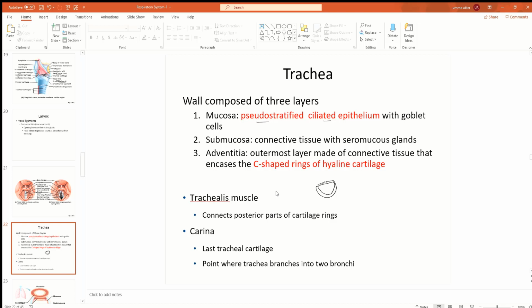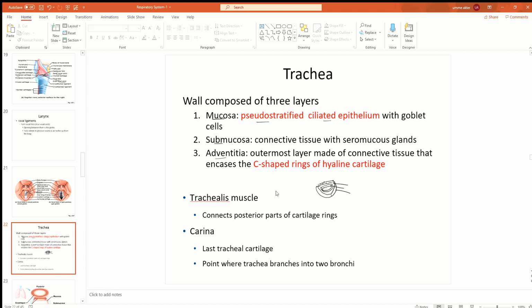Now it has 3 layers in the wall: mucosa, submucosa, and adventitia. So you will be able to see 3 layers. Okay, mucosa, then submucosa, and then adventitia.